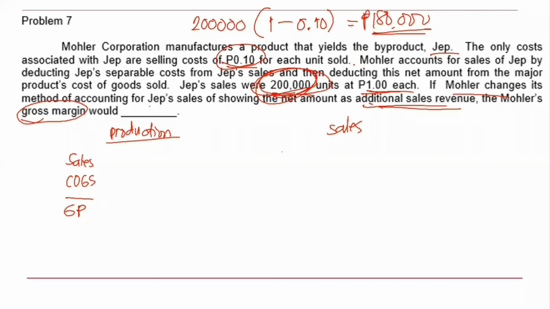Ang tanong lang po dito, the only cost associated ay 0.10. Sabi rito, yung una, Moller accounts for sales of JEP by deducting JEP's separable cost from JEP's sales and then deducting this net amount from the major products cost of goods sold. Naka-minus dito yung 180,000.